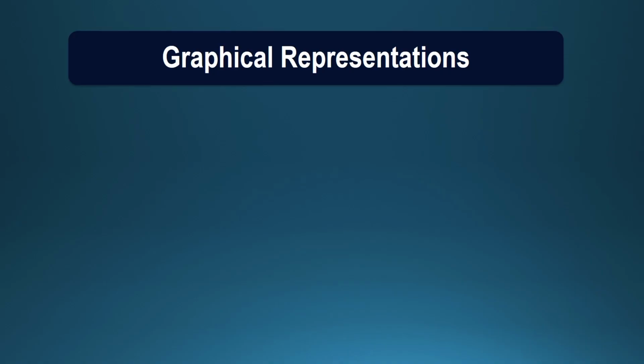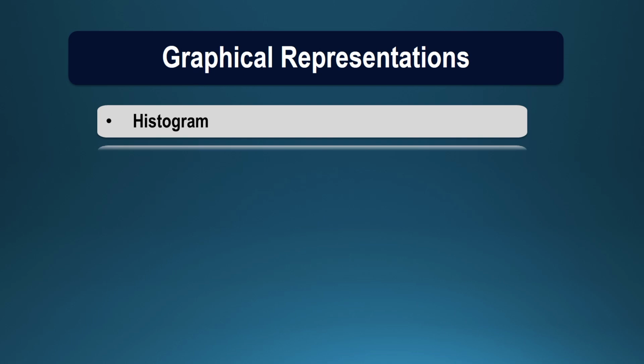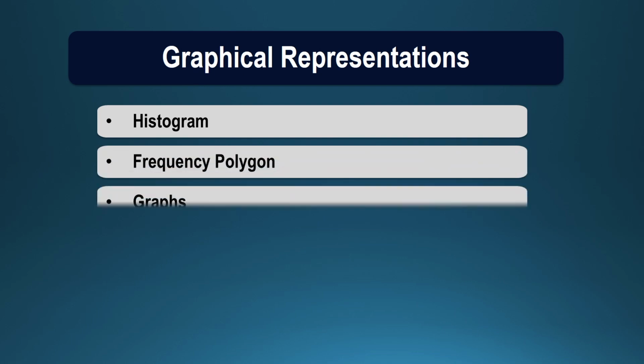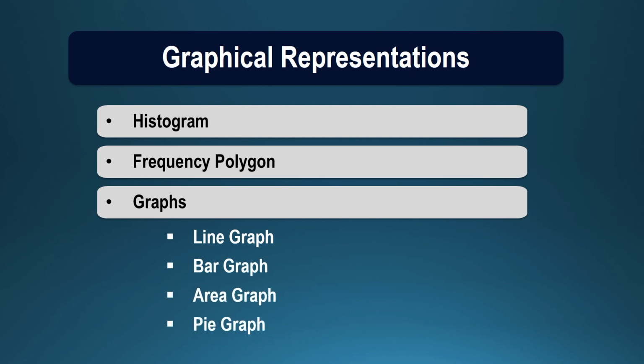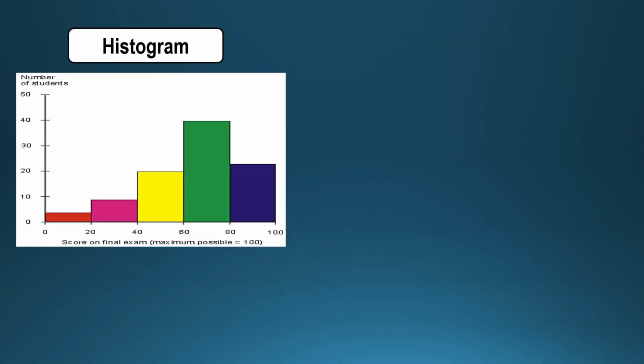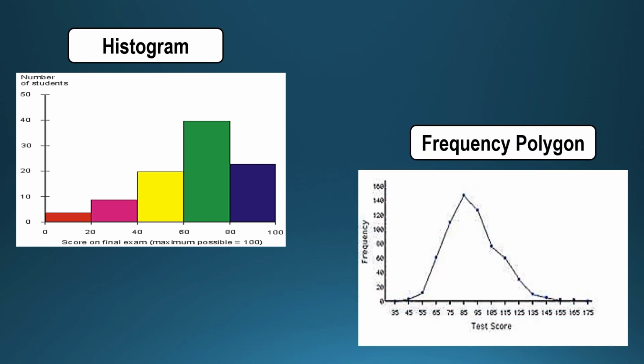You can also think of converting your data set into graphical representation, which can include preparing histograms, frequency polygons, or graphs which may include line graph, bar graph, area graph, or pie graph. Now here you can have a look at the difference between the histogram and the frequency polygon.